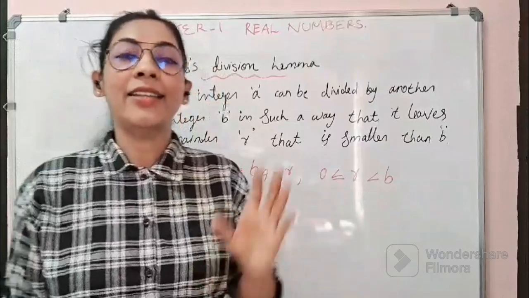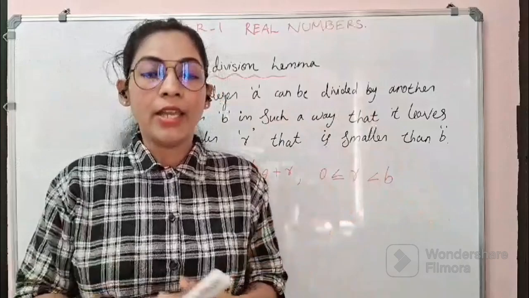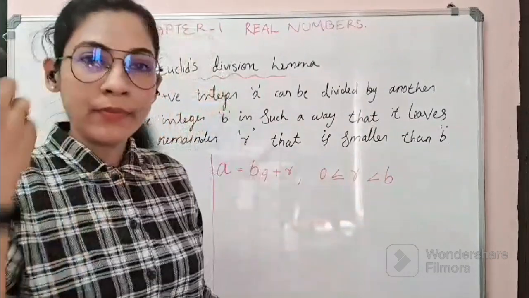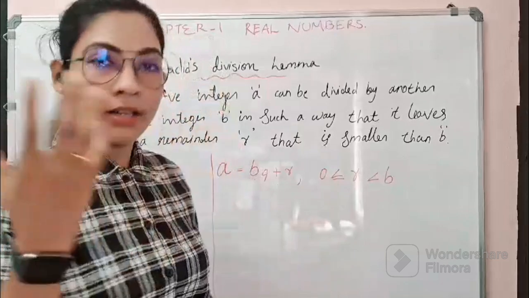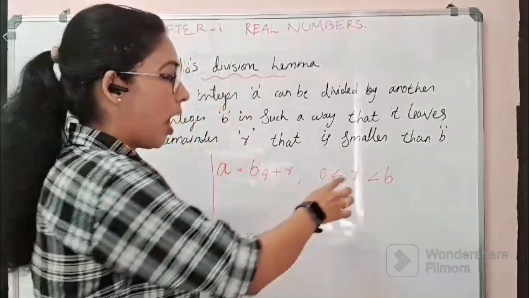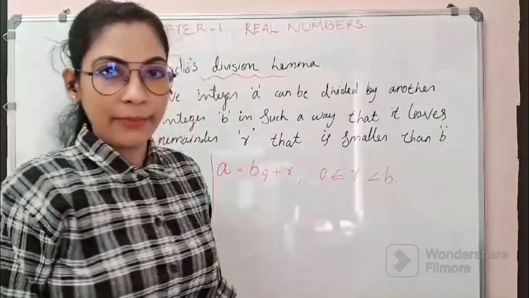Simply, there are two positive integers, a and b. If a is divided by b, there will be a remainder r. What is the condition on r? r should be greater than or equal to 0 and less than b.